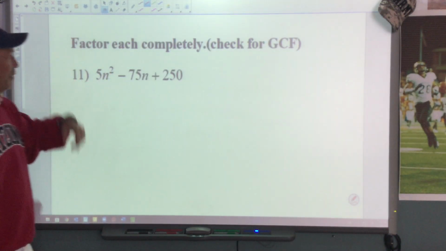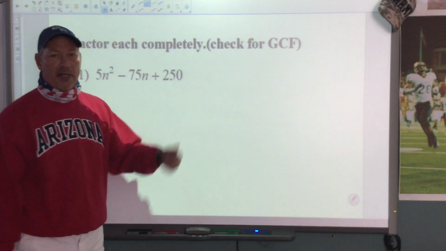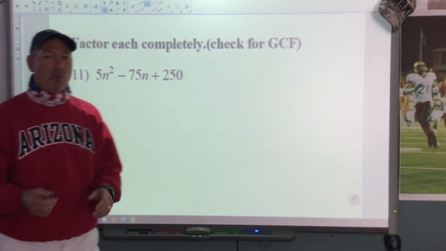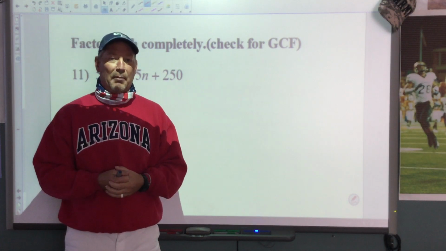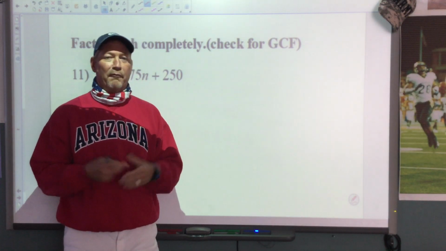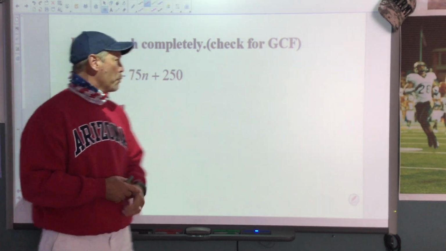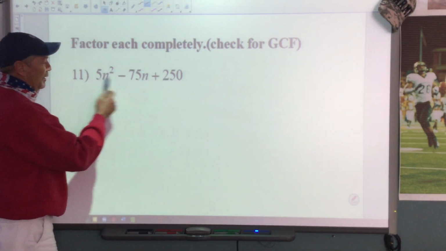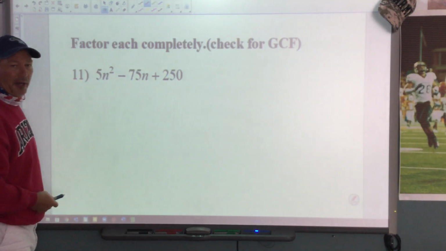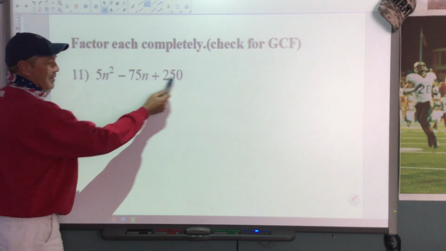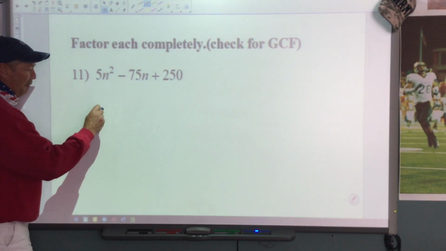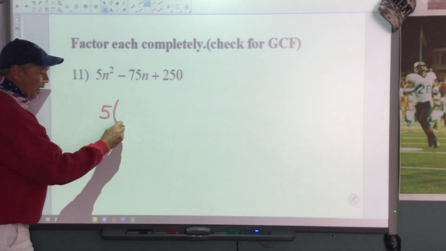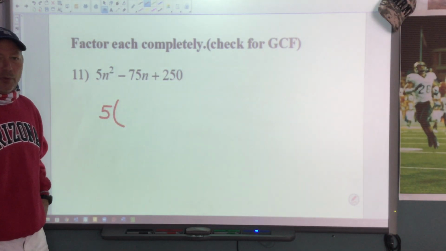All right, it says factor each completely. Check for a greatest common factor. Every time, remember what I said, no matter what, we're going to try to check for a greatest common factor, a number or a variable that goes into every term. On this problem, I'm thinking the number 5 goes into everybody, but not every term has a variable. So my greatest common factor is only going to be a 5, and I need to determine what to put inside the parentheses.